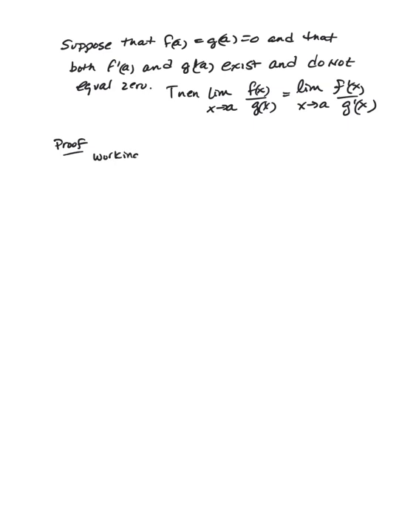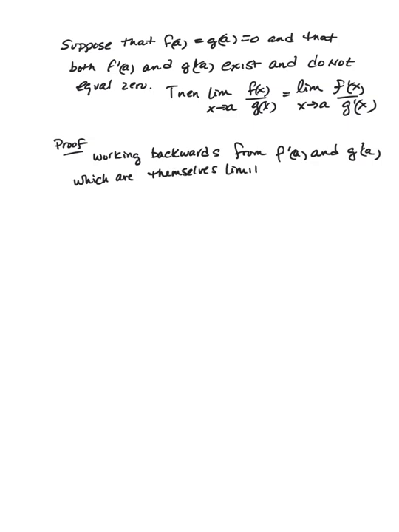Working backwards, from f prime of a and g prime of a, which are themselves limits, we have, by definition of the derivative, the limit as x approaches a of f prime of x over g prime of x is f prime of a over g prime of a.